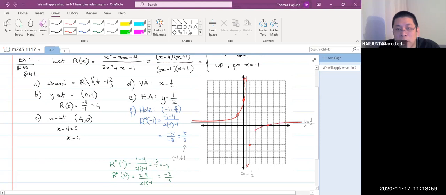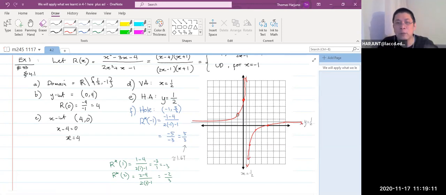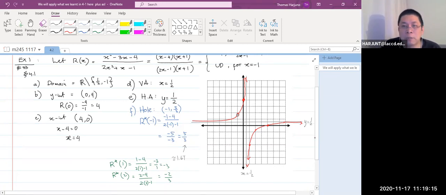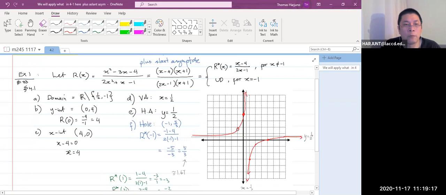So you see, that way we can refine our graph a lot better. At least that's what we get right now. We can actually put even more details into this. So I basically put together what you have learned from 4.1 into the graph.